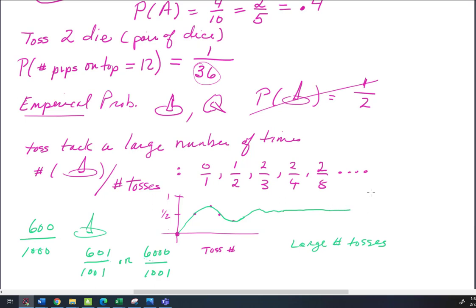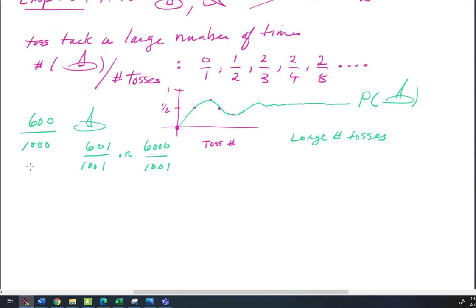What it settles down to is the probability of the event we're looking at, since we're talking about point up. It's the probability my thumbtack lands point up.